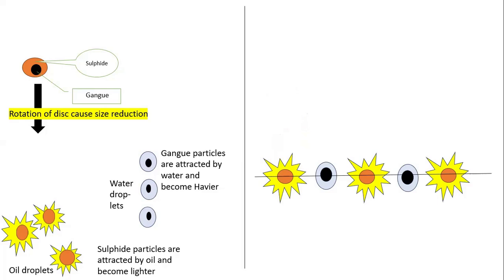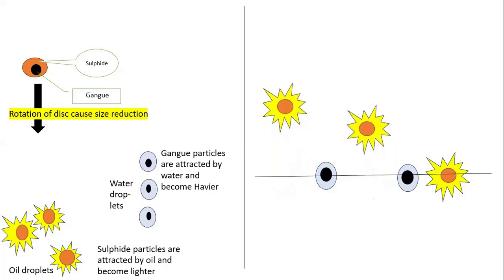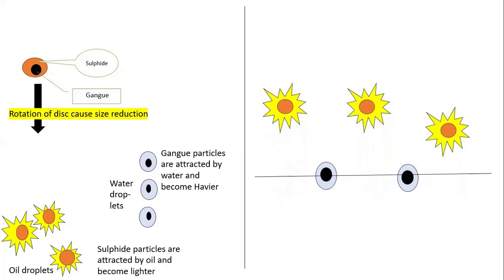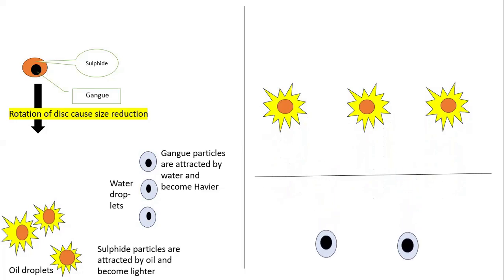So this sulfide along with the oil droplets moves in the upward direction. See here. Whereas the gangue material which binds with the water becomes heavier, and because of which it moves toward the bottom side of the tank. In this way, the separation of the material is carried out.